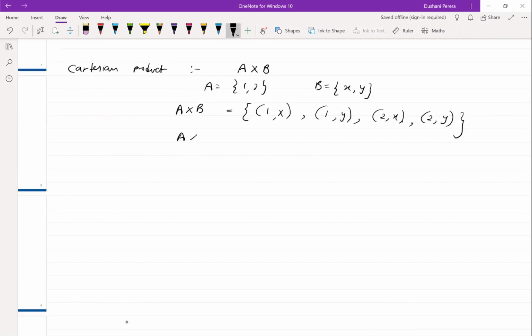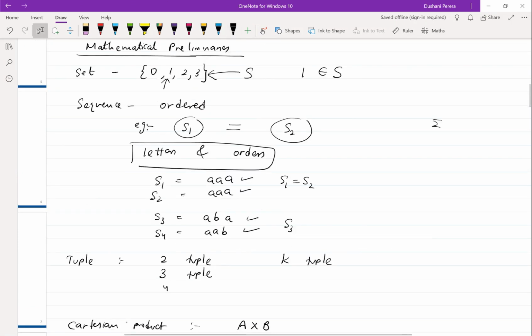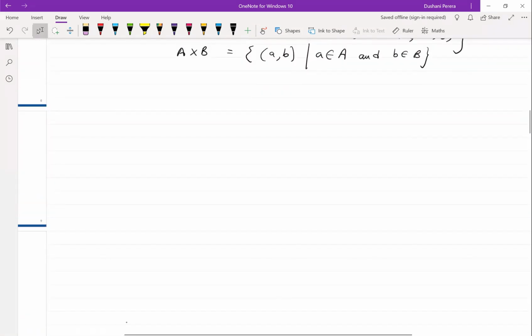So in general, we can denote the Cartesian product as a combination of two elements (a, b), where a should be an element of A and b should be an element of B. These were a few basics with respect to mathematics that we needed to look at.